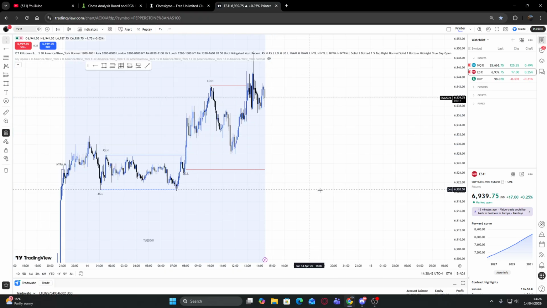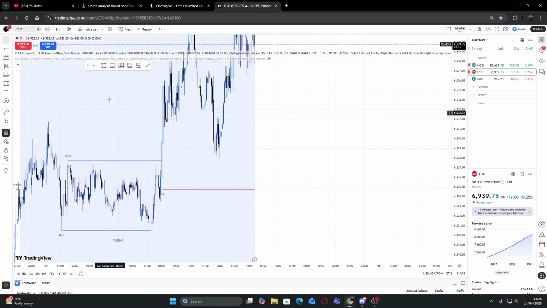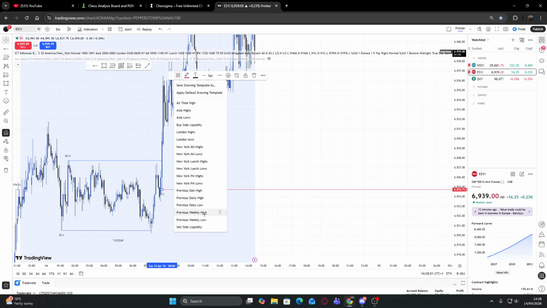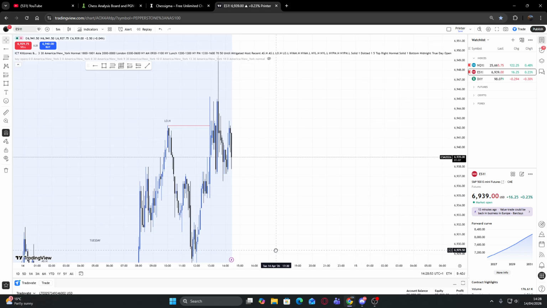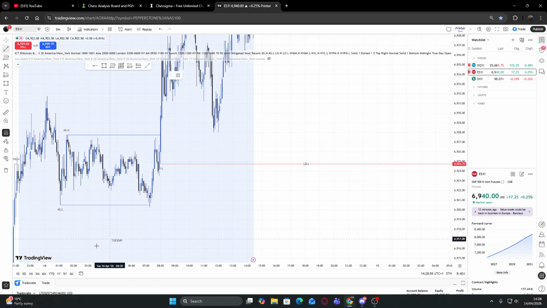All that's just pre-market analysis, but yeah, SMT between the Asia, so there's just the London low on the ES. Yeah, so there's an SMT here.